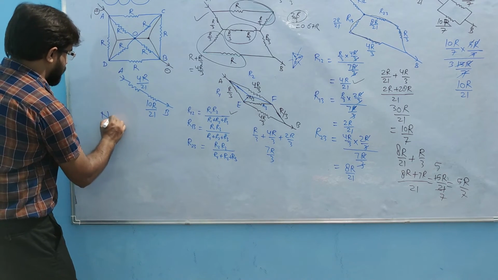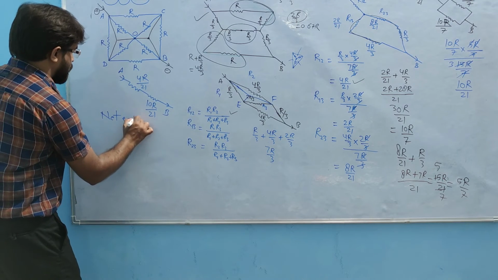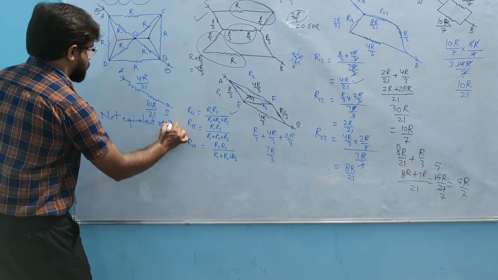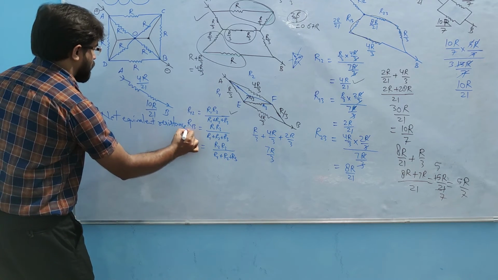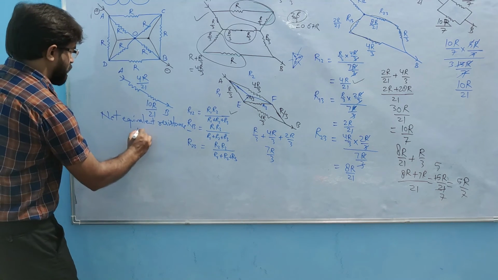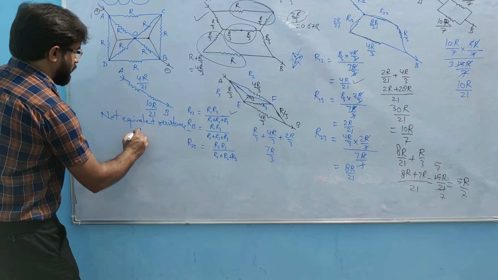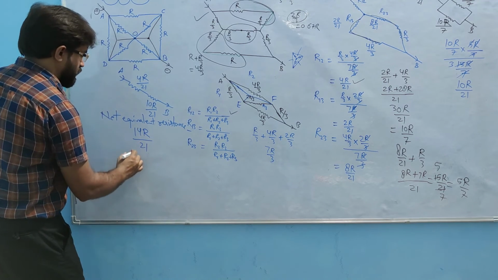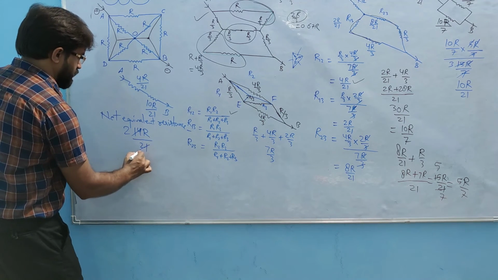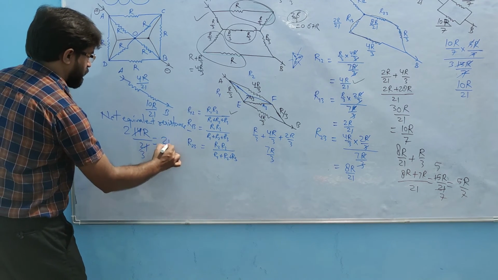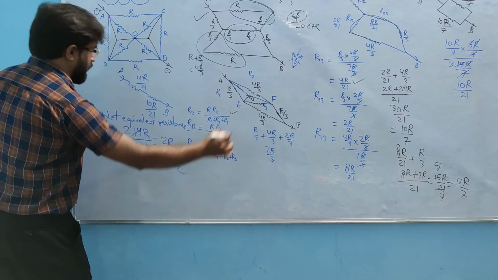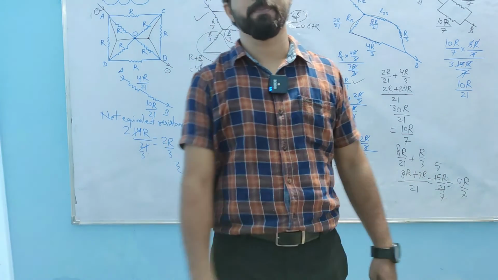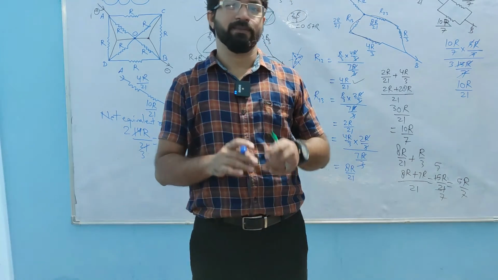So the net equivalent resistance between A and B, add them, denominator is same, so I am directly adding 10 plus 4, 14R by 21, 7 twos 14, 7 threes 21, 2R by 3. Yes, this is DST. It takes time.